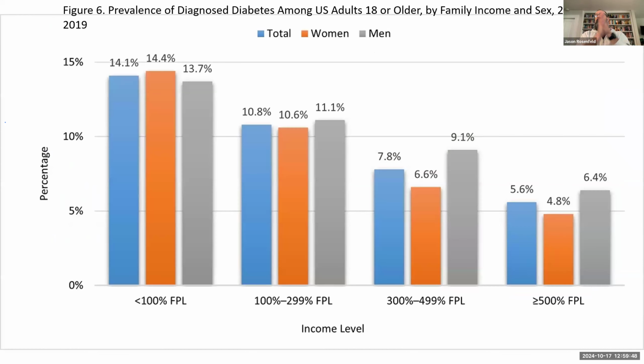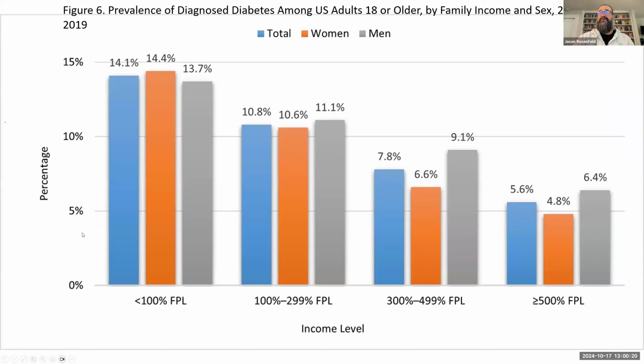All right, here is chart number 1. Everyone get ready, take a deep breath, because there's a lot packed into this chart. So to begin with, what is it? It's the prevalence of diagnosed diabetes, adults 18 or older, by income and sex from 2018 to 2019. On your left, on your y-axis, you have the percentage.